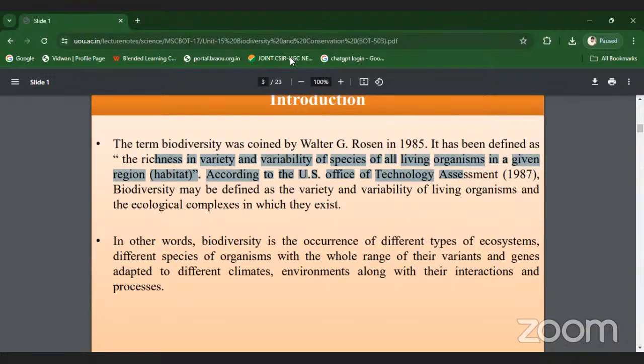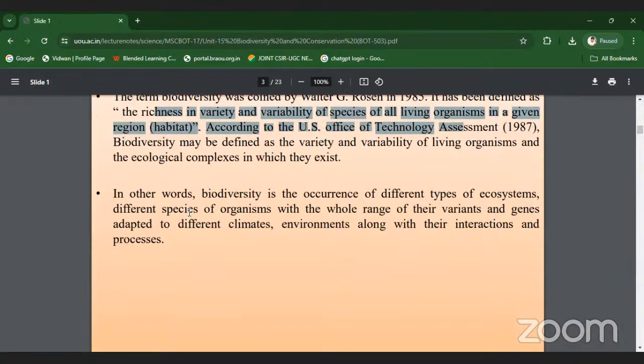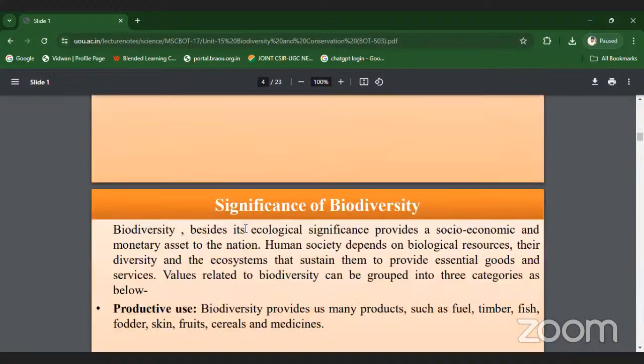So richness of variety is called biodiversity. It occurs in different types of ecosystems and species, with the whole range of their variant genes adapted to different climates and environments, and is indirectly influenced by non-living things such as temperature, water and environmental issues.